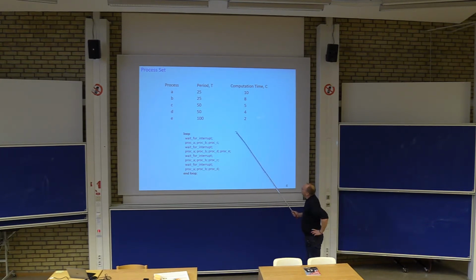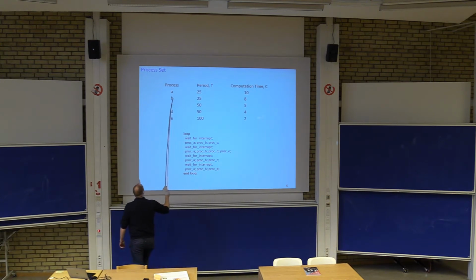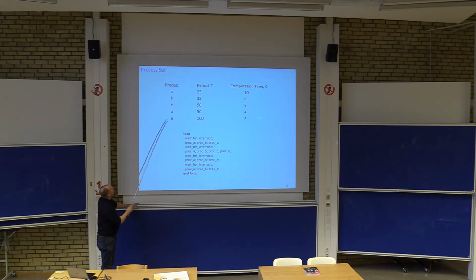But we can notice here, if in the first period we try to execute process A and process B, that will in total take 18 time units. Then if you add C and D, it will be another 9, so 27 time units.